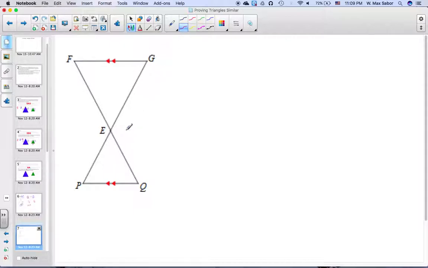Here, we have that these angles are congruent because they're vertical. And then that is not saying that the lines are parallel, but it is saying that these are alternate interior angles and they are congruent.